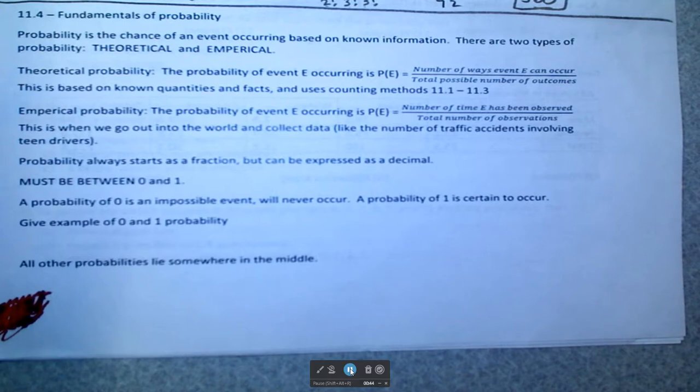The definitions are pretty much the same, and these concepts are going to be parallel to each other. Most of what we're going to do is theoretical probability, and you'll see how that spills into empirical probability.